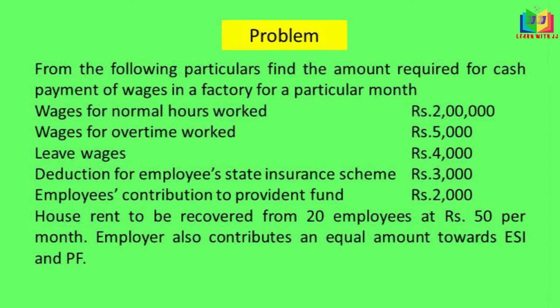Okay, with this information, we have to calculate the cash payment for wages. The required cash amount, we have to find it from this information. From the employer's point of view, we have to work out this problem.